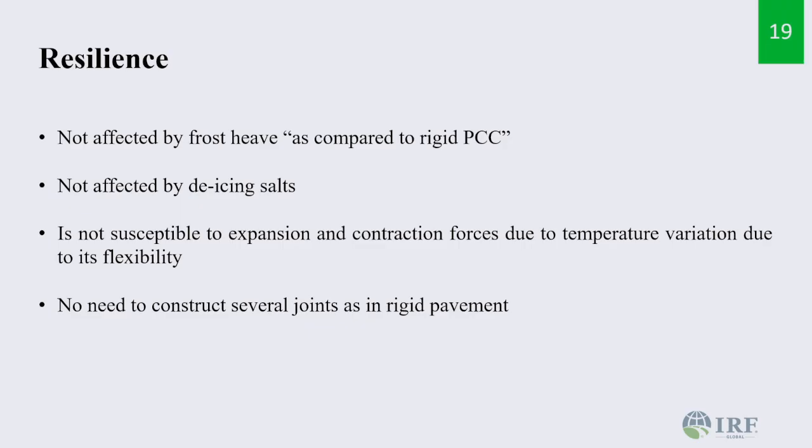So what the de-icing salts, sodium chloride and calcium chloride, do is push the freezing temperature down to -15 and -20. So basically, if you have rain, or any sort of water on the highway, and the temperature is -5 or -7 or -10, you will not see ice. So the use of these salts is okay with flexible pavement.